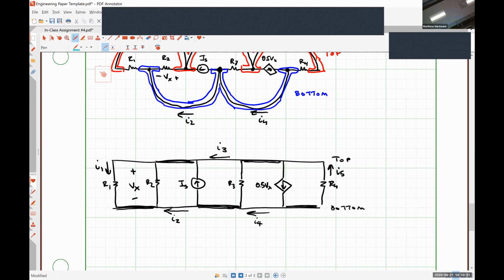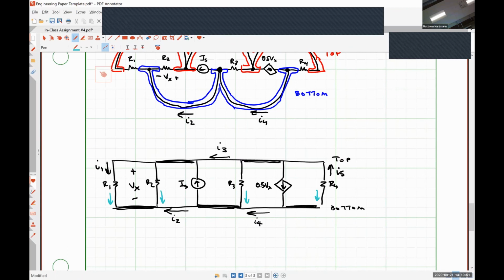What I'm going to do is label the currents through all of my resistors in the direction down. For instance, this is my resistor current through R1. This is my resistor current through R2. Here's my resistor current through R3. And here's my resistor current through R4.